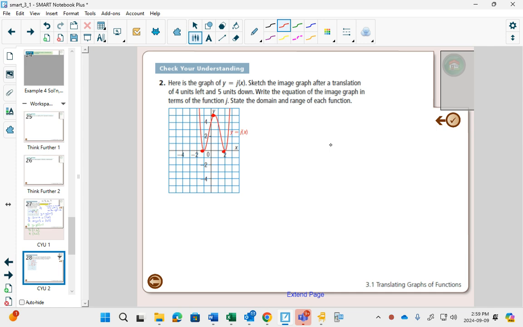And I'll take those points. 1, 2, 3, 4 to the left, 1, 2, 3, 4, 5 down. And make the W graph.